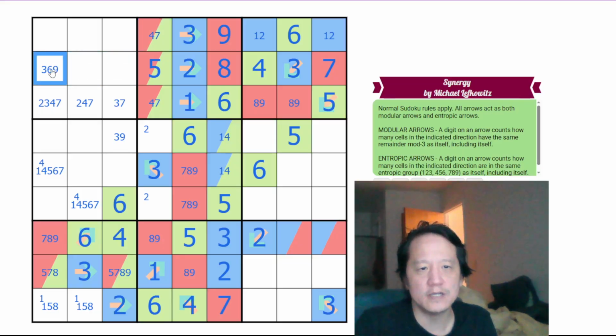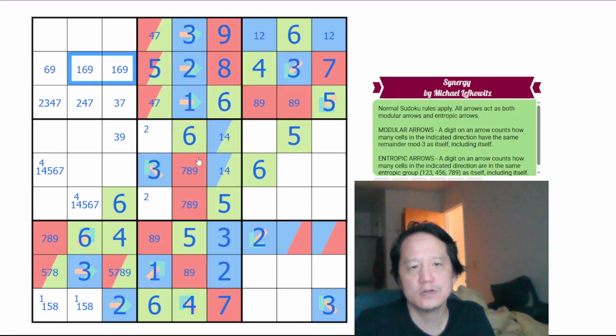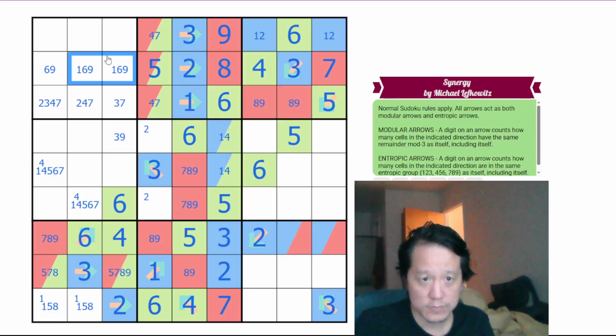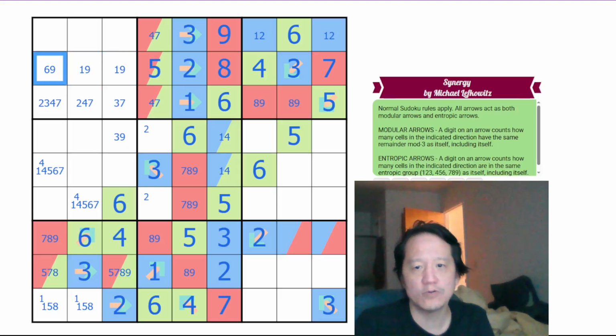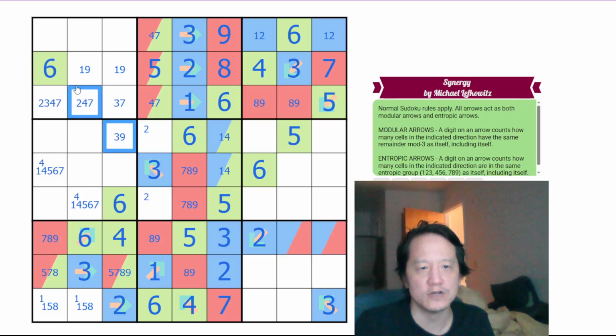Remaining digits in row 2 cannot be 3, so it's 1, 6, and 9 here. 6 cannot be either of these digits because of 6 in the column. That requires this be a 6 there. So this is middle, which means this has to be 3 lows here to satisfy the lows because it doesn't satisfy low there.